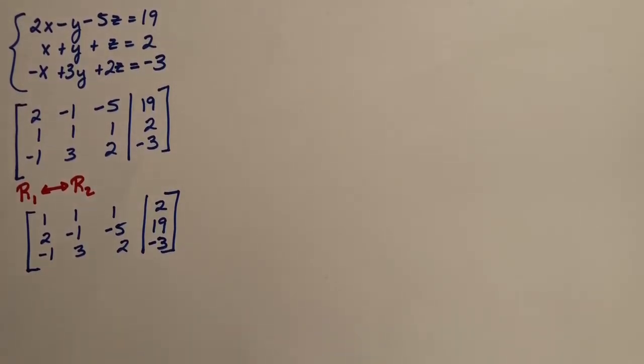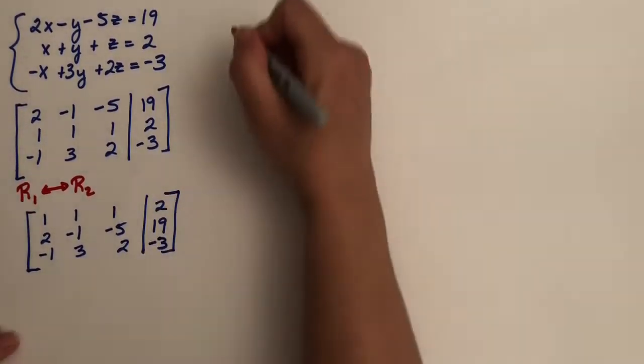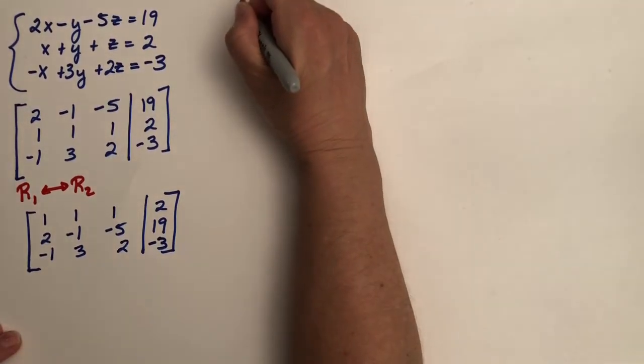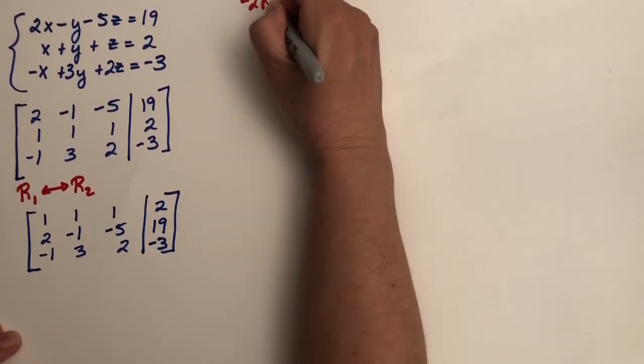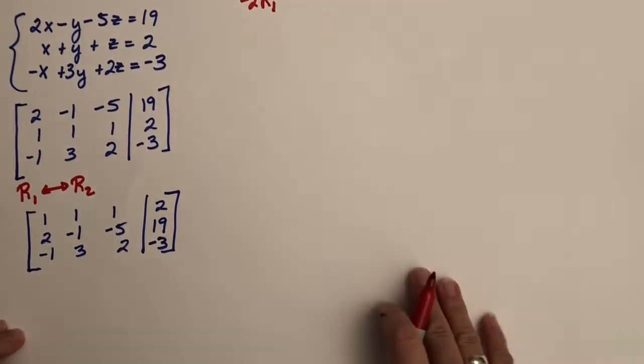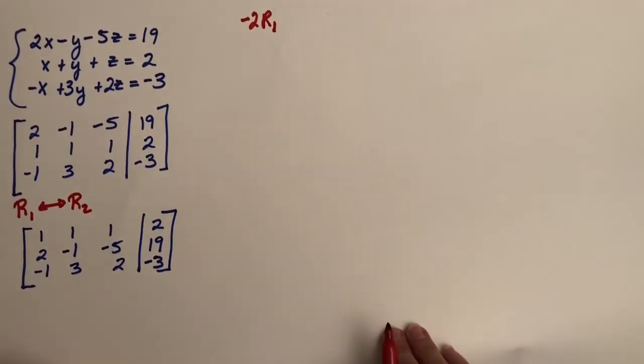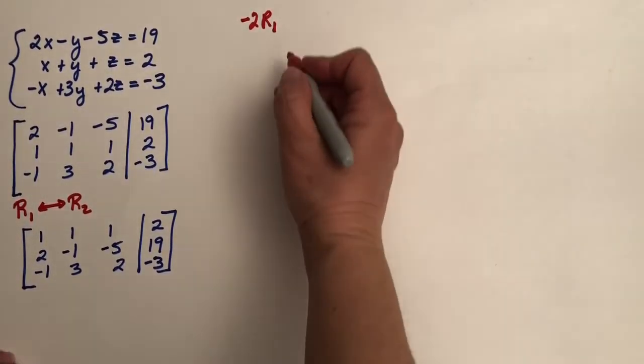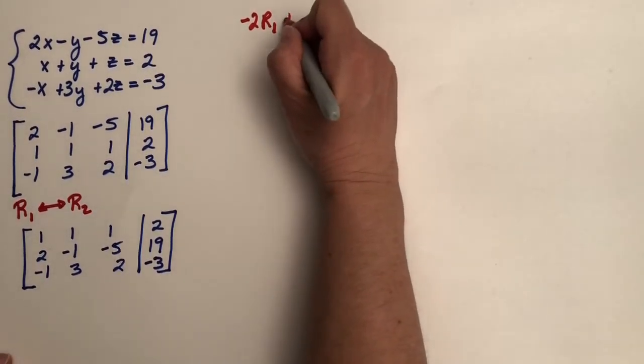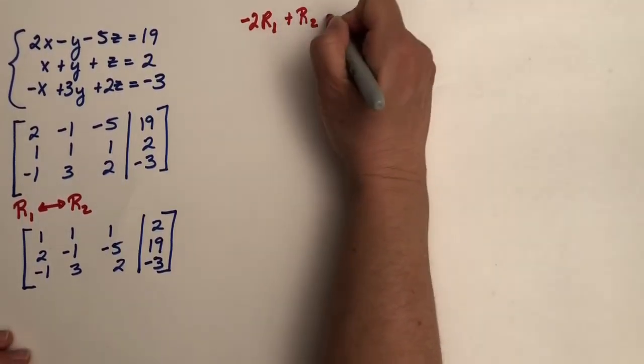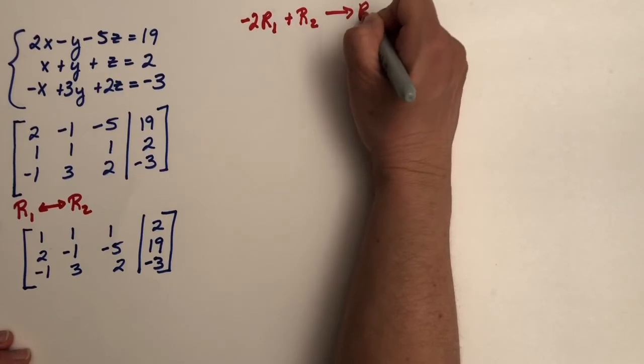Our next step is to get zeros beneath. Now to get a 0 here, I'm going to multiply row 1 by negative 2 and add. So I'm going to do negative 2 times row 1 plus row 2, and I'm going to write the result in row 2.